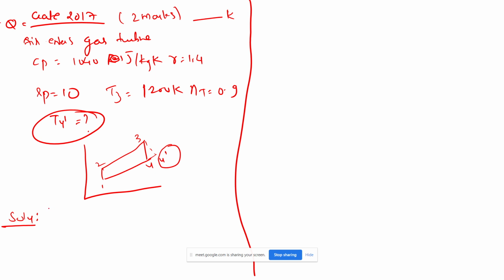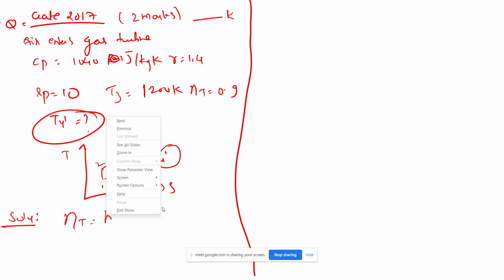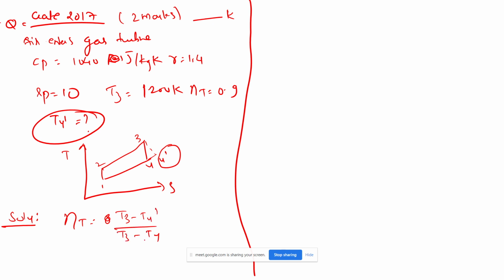Okay, I'll discuss quickly. What we have to calculate is T4 dash. This is a TS curve, a temperature entropy curve. So isentropic efficiency of the turbine is given directly in terms of temperature as T3 minus T4 dash upon T3 minus T4. From here, T3 we know, so T3 upon T4 is equal to Rp to the power gamma minus 1 upon gamma.